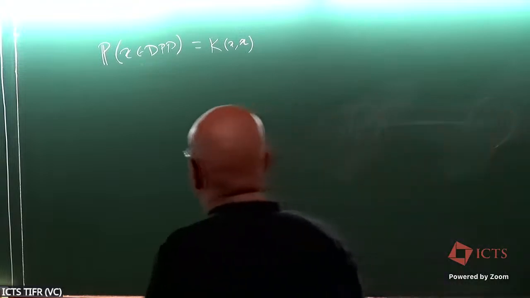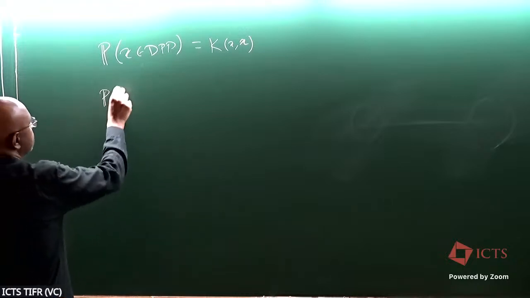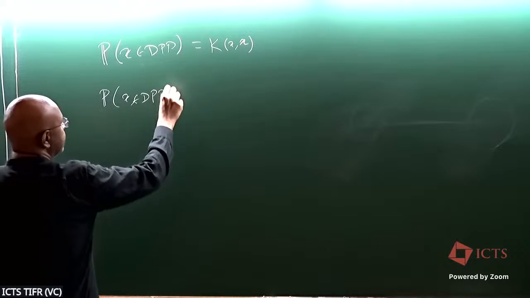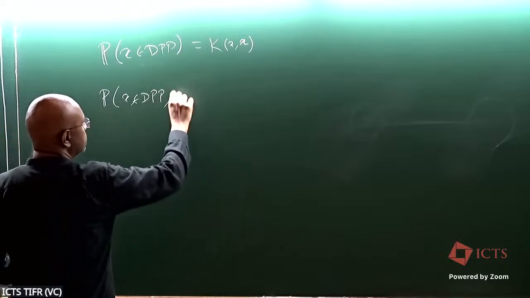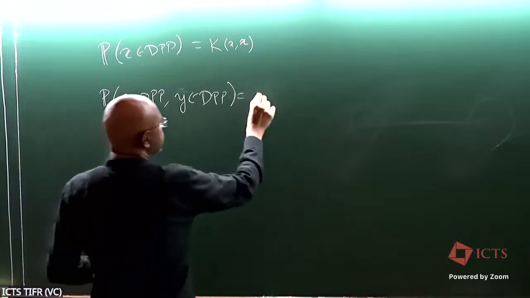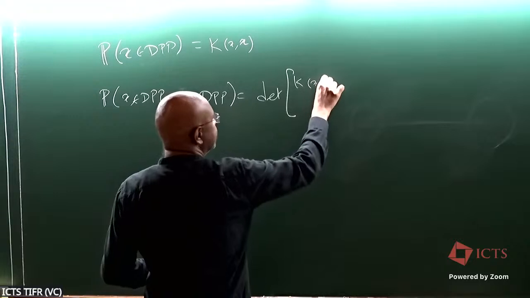So now let us graduate from 1 point to 2 points. What is the probability that both X and Y belong? So this is the 2-point determinant.